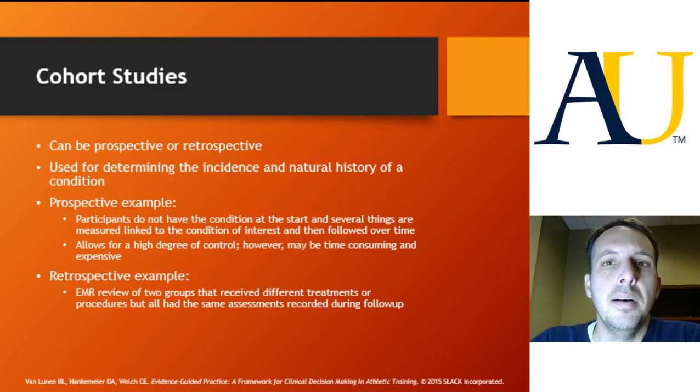So the first type of observational study to discuss are cohort studies, and these can be prospective or retrospective. And a cohort study is simply a study that's using a pre-existing group as its foundation.